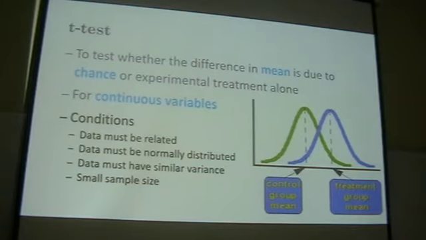And they must be normally distributed. That means if it's not normally distributed, you can't use t-test. Next thing, the data must have similar variance. Have you learned about standard deviation? The variance must be the same. If it's not the same, then you need to use what you learned in math, right? Your two-tailed t-test, right? So different. Now over here, the sample size must be small.